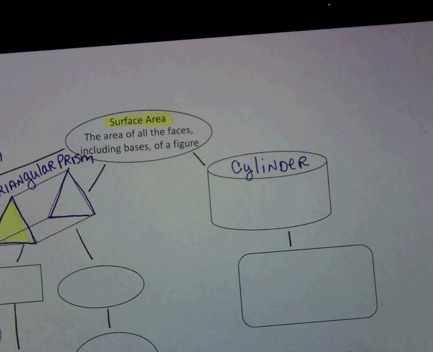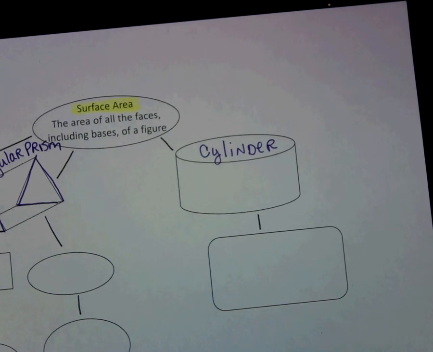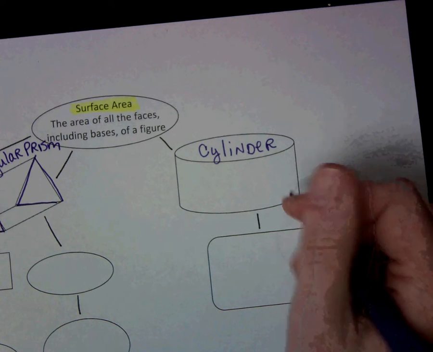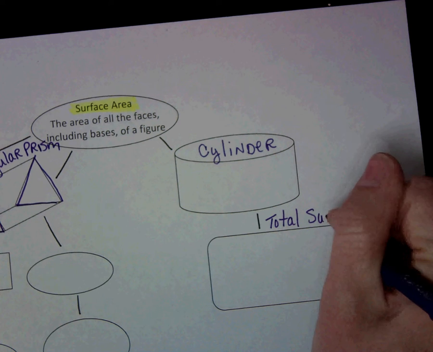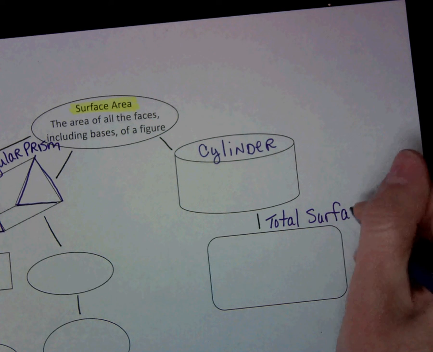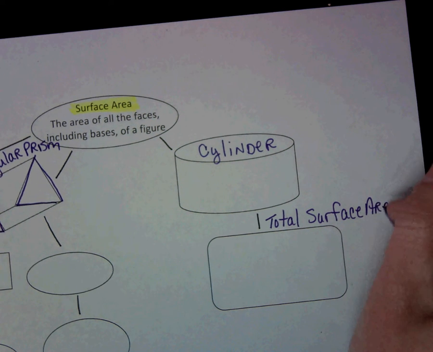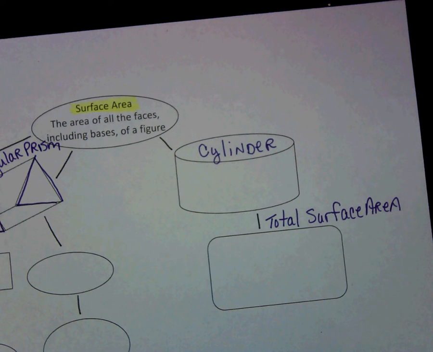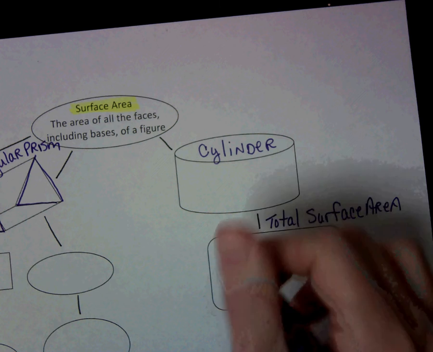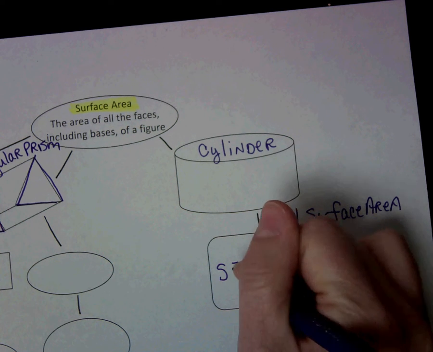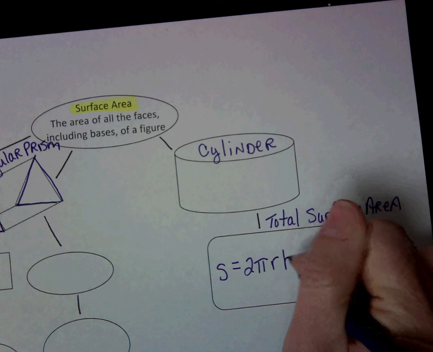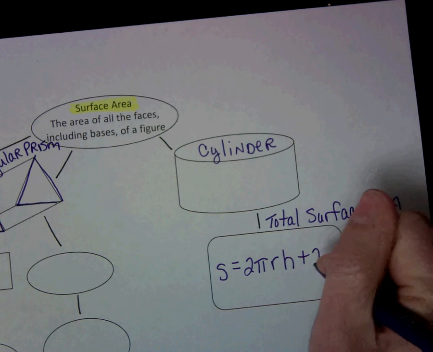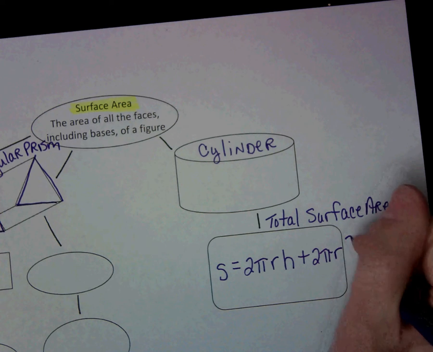Okay, so since we're on cylinders for a second, let's go ahead and write down the formula for total surface area. A cylinder is really easy. If you'll look at your formula chart, find surface area, and it says total surface area formula is S equals 2 pi R H plus 2 pi R squared.